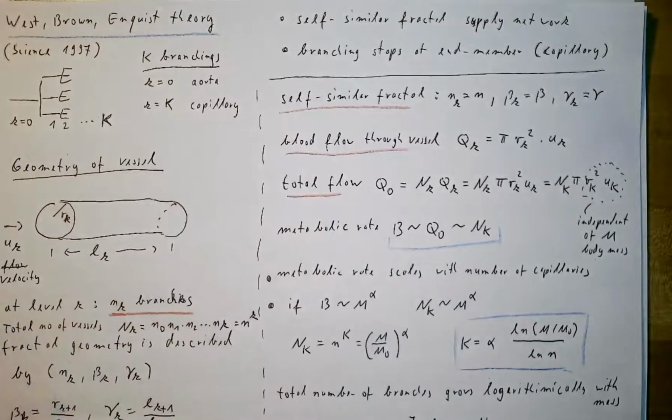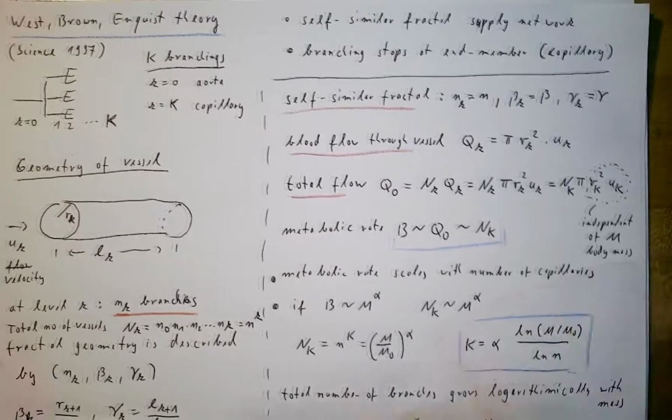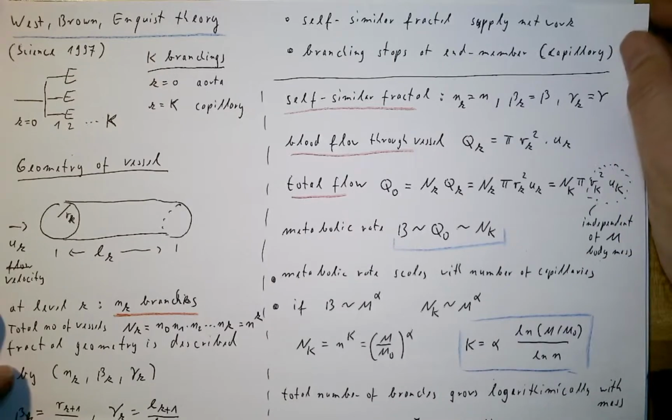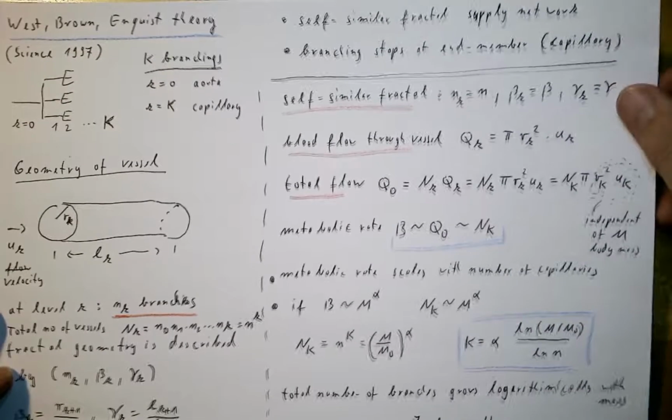Even though many biologists know about this paper, I would say most are not able to understand it, because the paper is not so clearly written, or let's say it's written clearly. Probably, I mean, these are genius scientists.